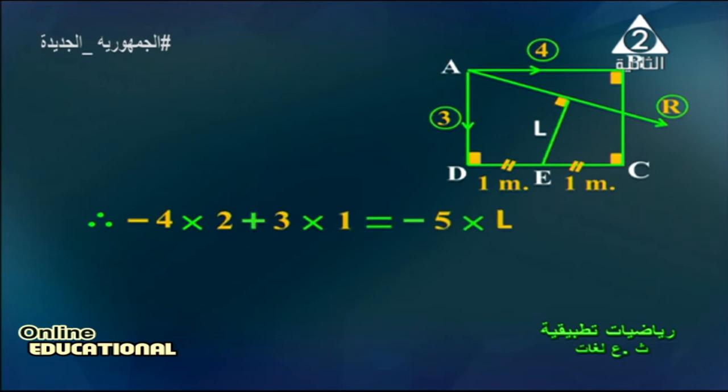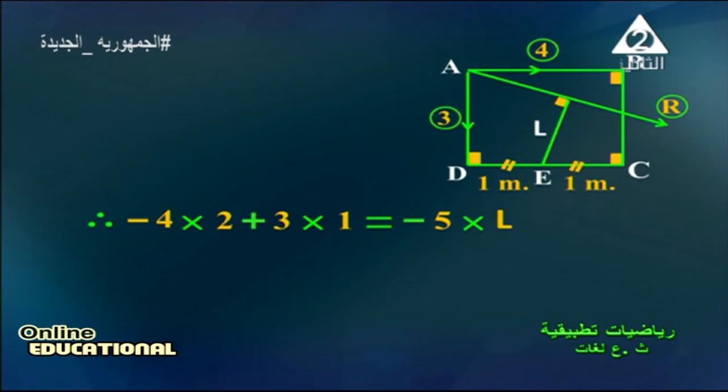Now, negative 4 multiplied by 2 is the moment of the force 4 about point E, plus 3 multiplied by 1 is the moment of the force 3 about point E, which equals the moment of the resultant about the same point.